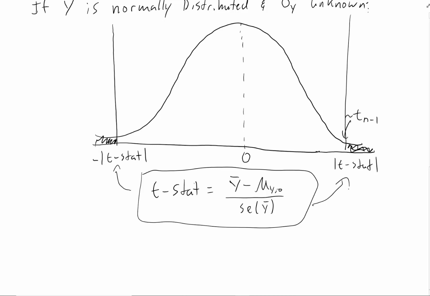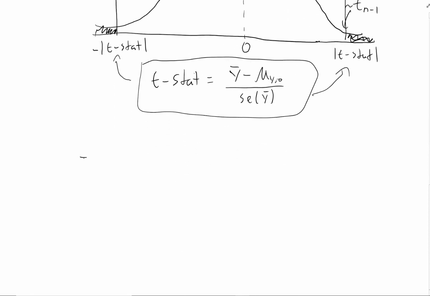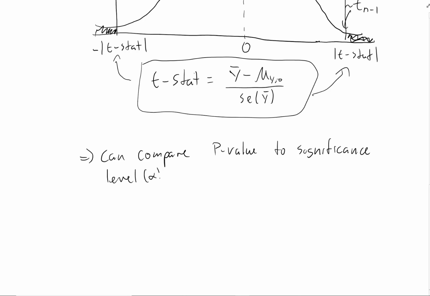To use this to come to a conclusion of your test, we can compare this p-value to the significance level that you chose in the second step, which we often denote with alpha.